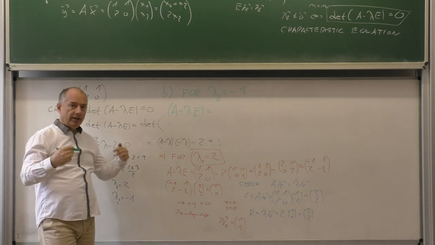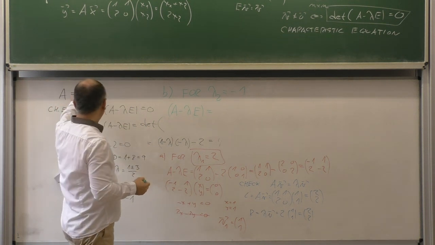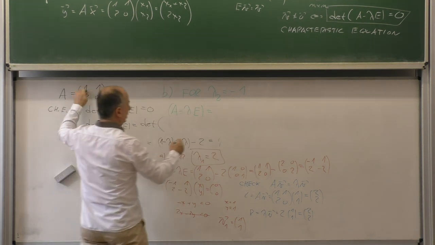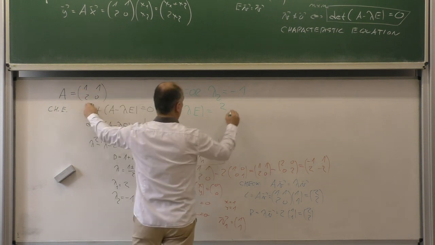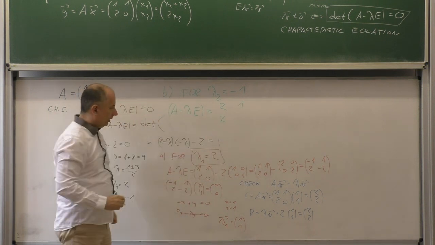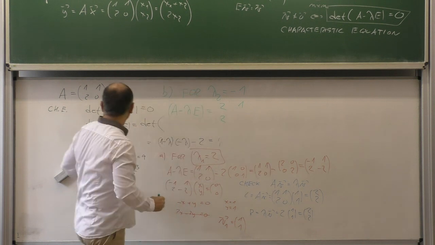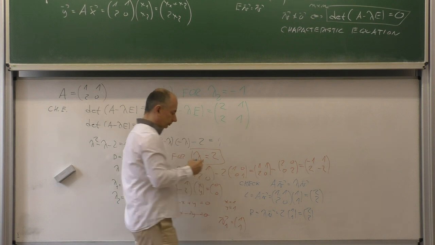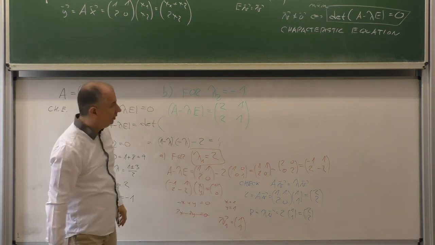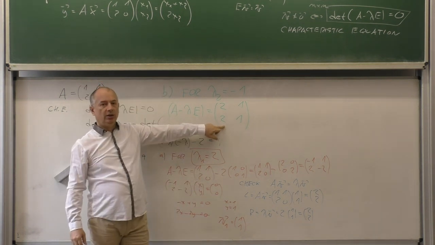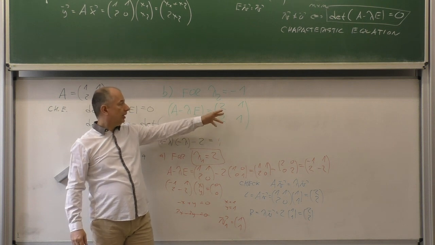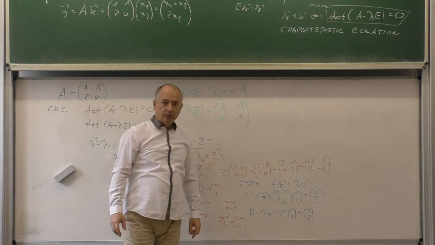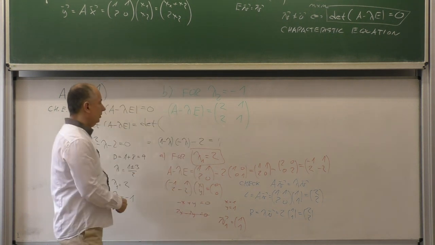We subtract minus 1 from the entries on the main diagonal, so we don't have to write all this. 1 minus minus 1 is 2. 1 and 2 are left unchanged because we subtract 0 here. And 0 minus minus 1 is 1. Now again, let's stop for a moment and check whether this matrix is indeed singular. Obviously it is. The first row is the same as the second row. So it has linearly dependent rows, so it has 0 determinant, it is singular.